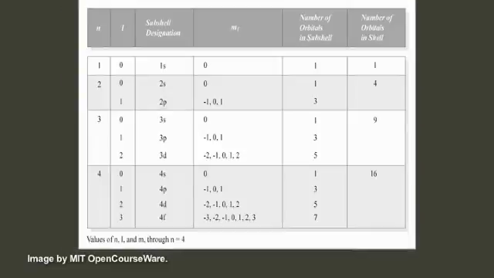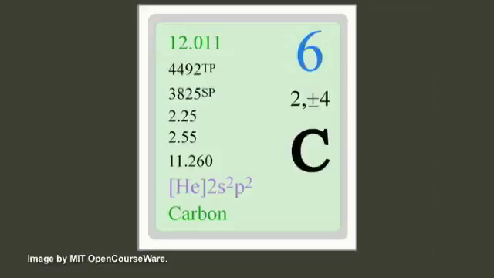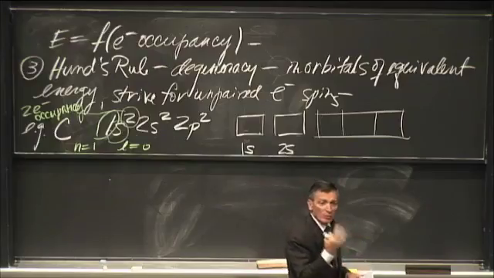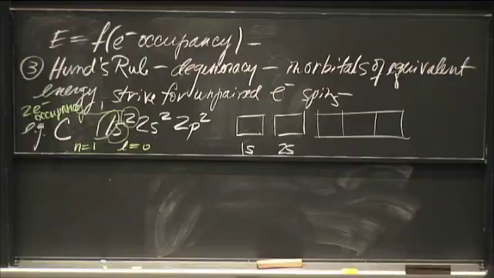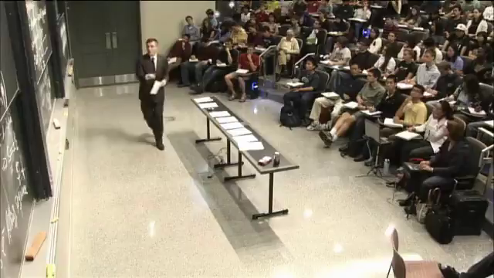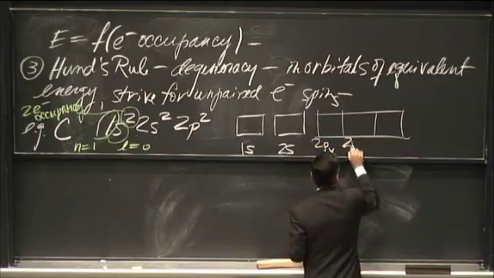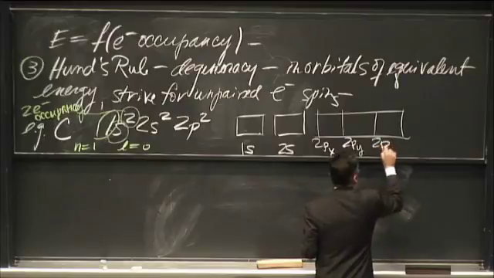If you go back here, 2p has 3 orbitals in that subshell. And we said that this is the one time that m makes some sense with respect to Cartesian coordinates. M is -1, 0, plus 1. So we can call this 2px, 2py, and 2pz.